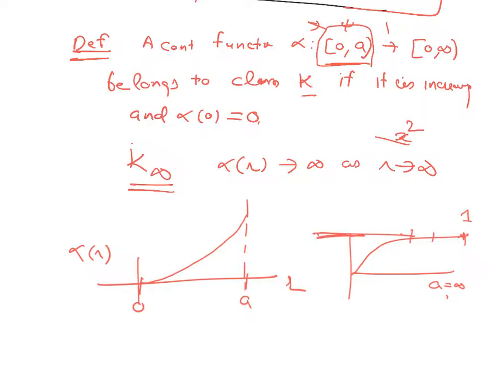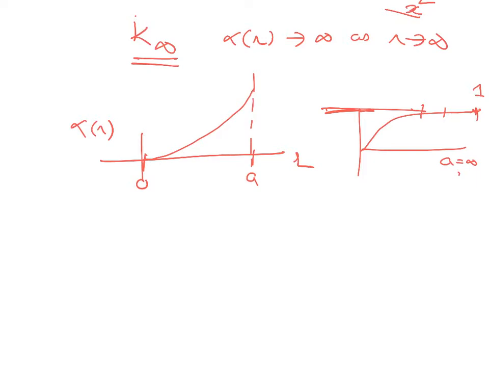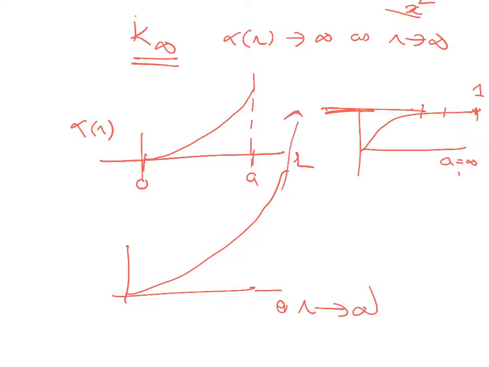Okay? But something like this will just keep going, right? So when r goes to infinity, this will also go to infinity, and that will be a class K infinity function.